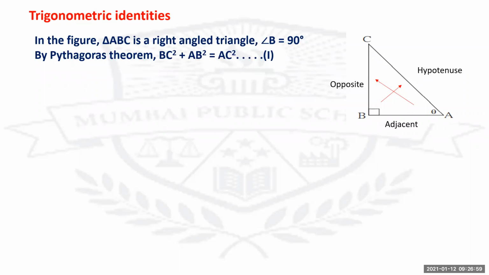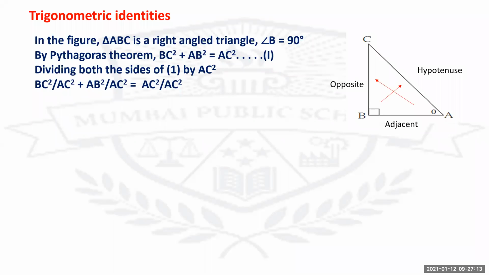So by applying the Pythagoras theorem, you get BC square plus AB square equals AC square. Now dividing both sides of equation 1 by AC square, you get BC square upon AC square plus AB square upon AC square equals AC square upon AC square.